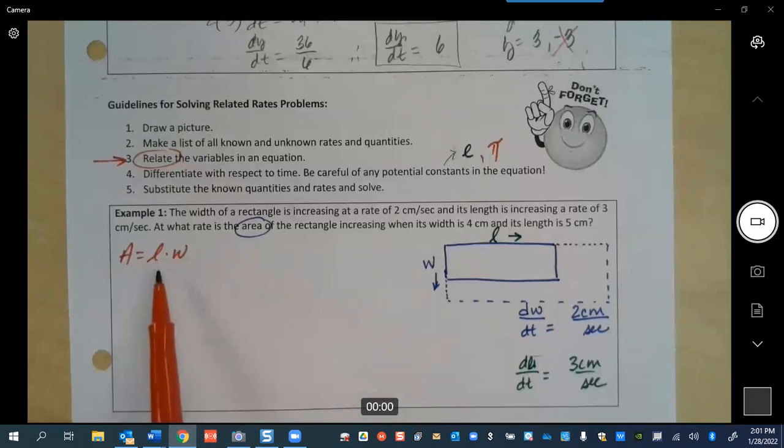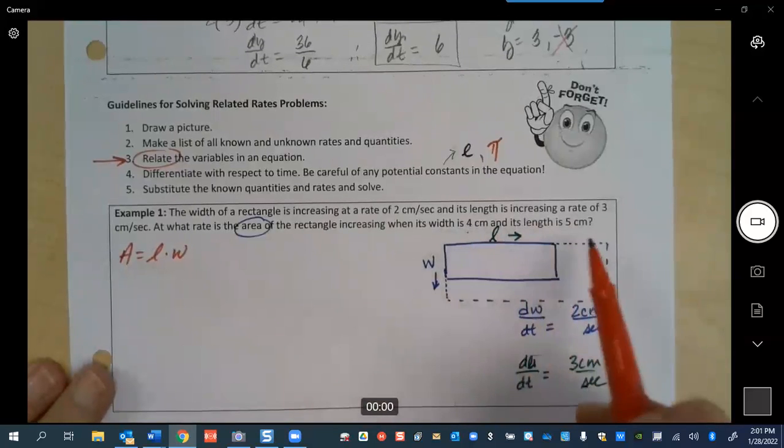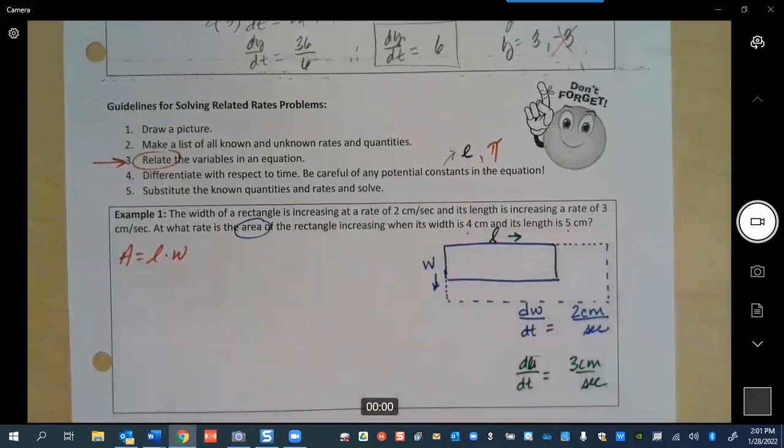What do I need to do to this value here? If I need to find the rate of change of the area, what do I need to do? Okay, I need to multiply this, but if I multiply 4 times 5, I get 20 centimeters.